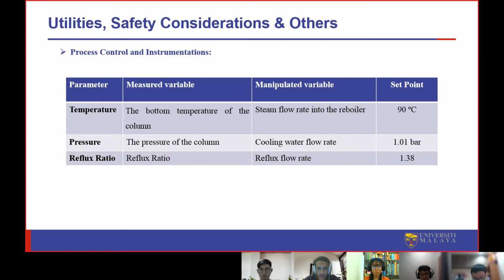However, in this case study, we only focus on three main column internal parameters: temperature, which is controlled by manipulating the steam flow rate into the reboiler with a temperature control set point of 90 degrees C. Second, pressure, which is controlled by manipulating the flow rate of cooling water into the condenser with a controller set point of 1 bar. Lastly, reflux ratio, which is controlled by manipulating the reflux flow rate into the distillation column with a controller set point of 1.38.